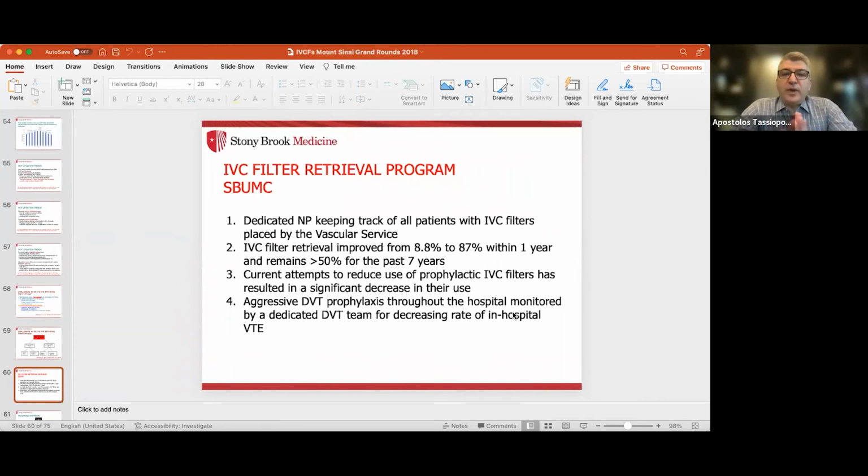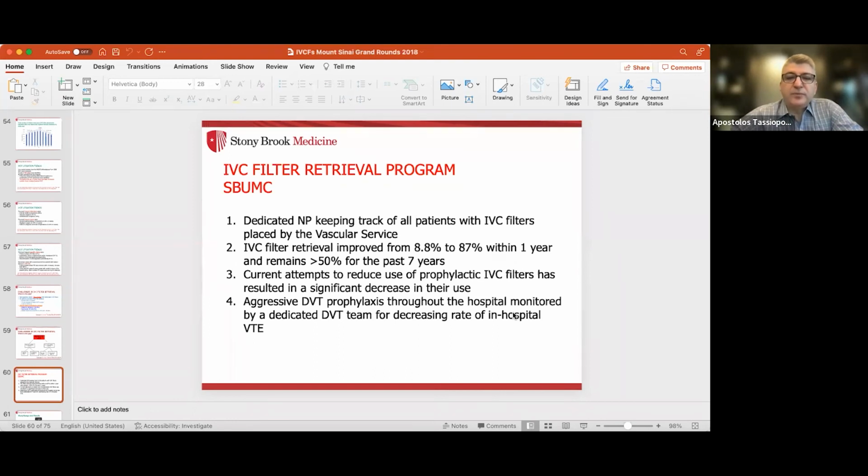We did develop a retrieval program, and we still have it in our own institution. We have a dedicated nurse that keeps track of all the patients that have IVC filter placement, not only by the vascular service now, but by other services in the hospital. And we have been able to maintain a retrieval rate of over 50% for a number of years.